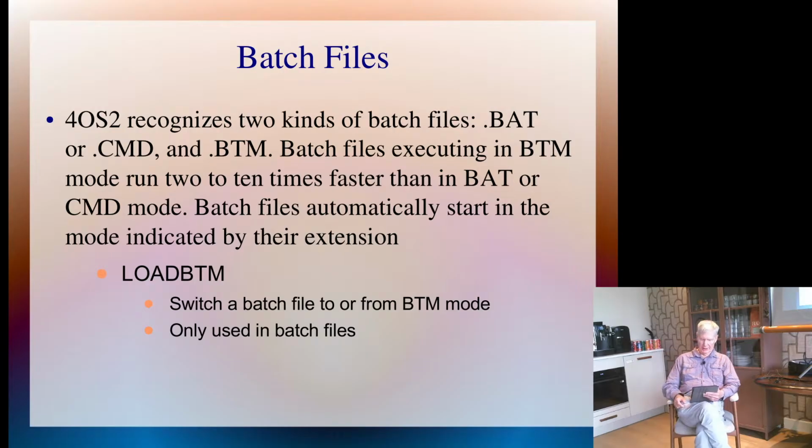And the BTM files at least claim to run 2 to 10 times faster than a CMD file. Why? I have no idea. Kind of a pre-processed model. I've never looked at the actual code for this.